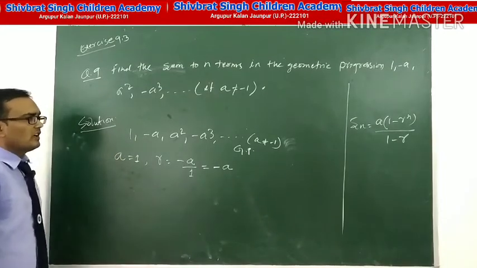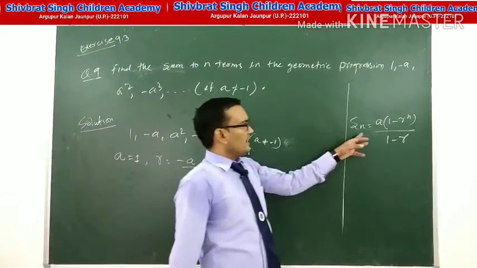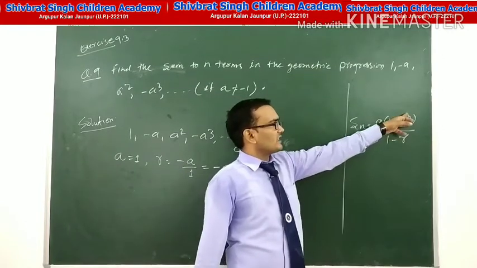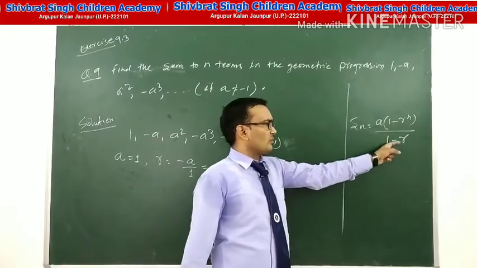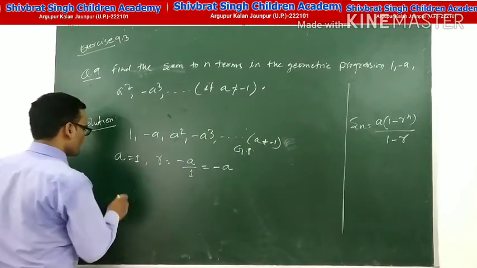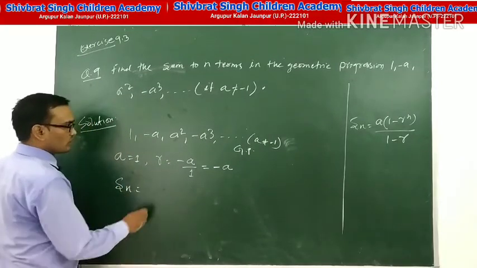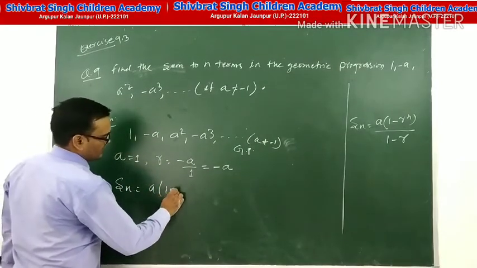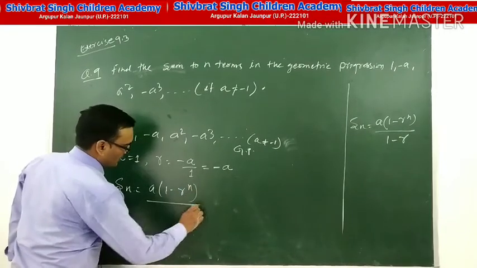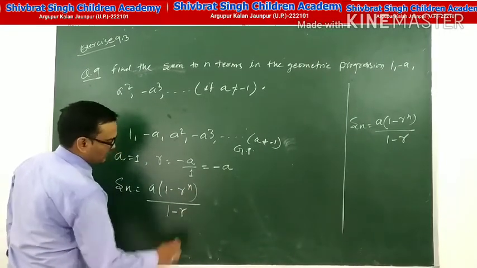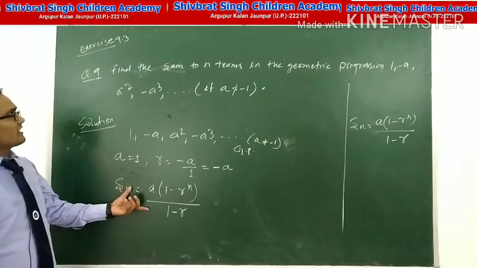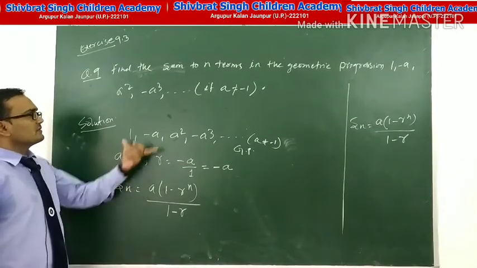Using the formula Sn equal to a into 1 minus r to the power n upon 1 minus r, because we find the sum of n terms of this GP.